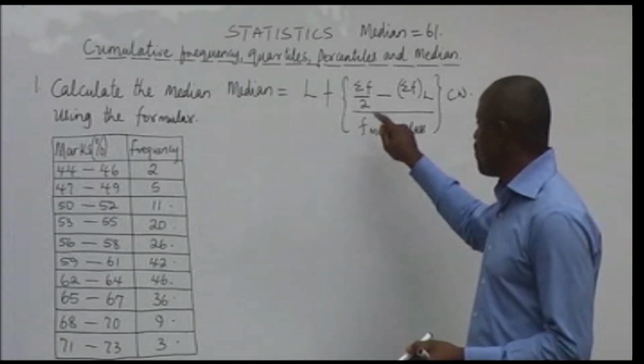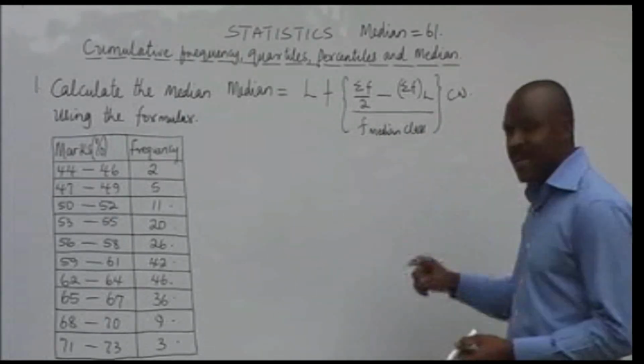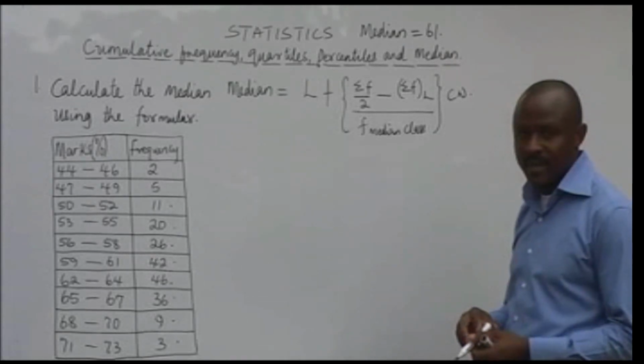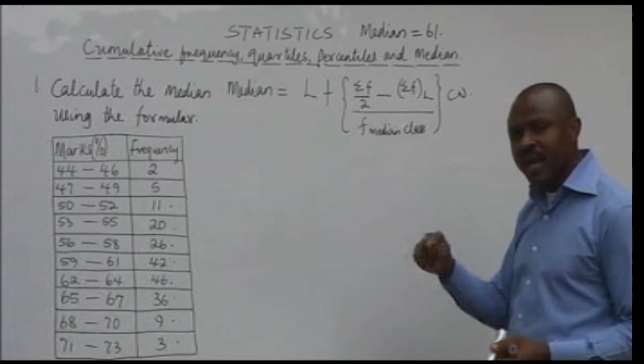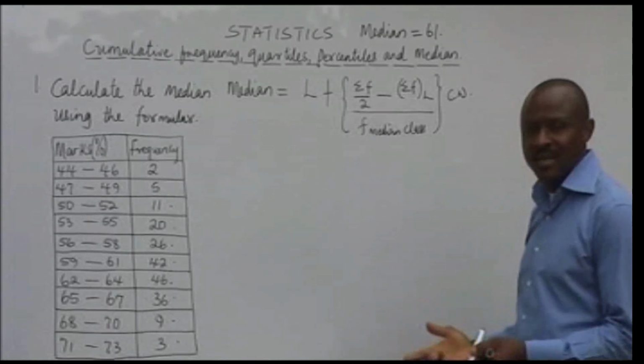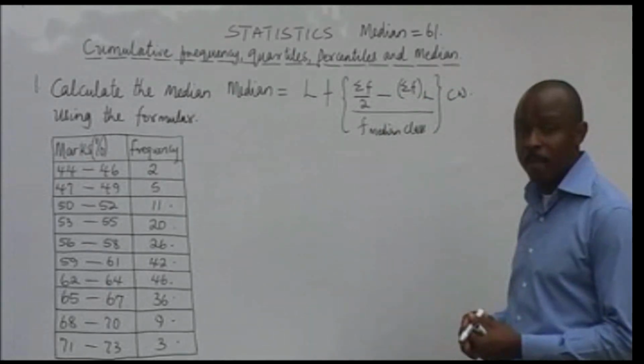This is the frequency of the median class, and this is the class width of the median class. So we are missing the median class. What is the median class? Because without the median class, we cannot use this formula.